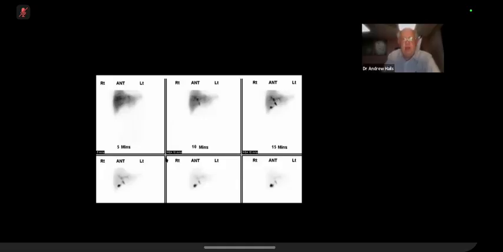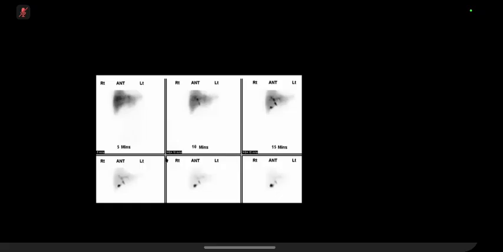Right. This one demonstrates that on the first image after 5 minutes, there's tracer uptake in the liver, which gets progressively less, and then there's tracer in the biliary tree, and then on the most delayed images, it's mostly within the gallbladder itself.